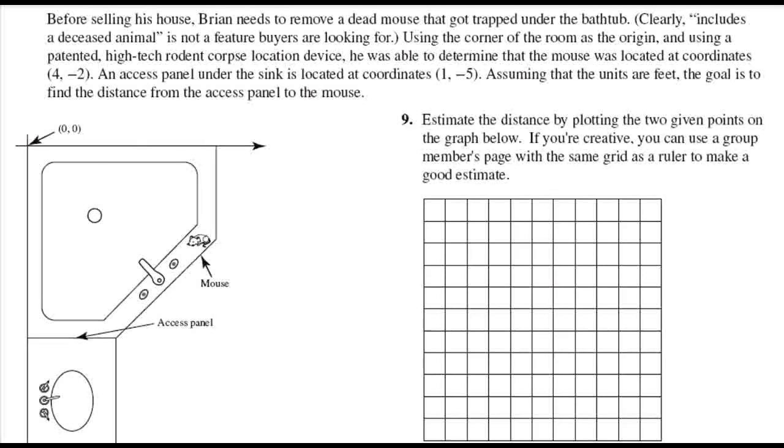Okay, now that you've done question 9, before selling his house, Brian needs to remove a dead mouse that got trapped under the bathtub. A house that includes a deceased animal is not a feature buyers are looking for. Using the corner of the room as the origin and using a patented high-tech rodent corpse location device, he was able to determine that the mouse was located at coordinates 4 and -2.